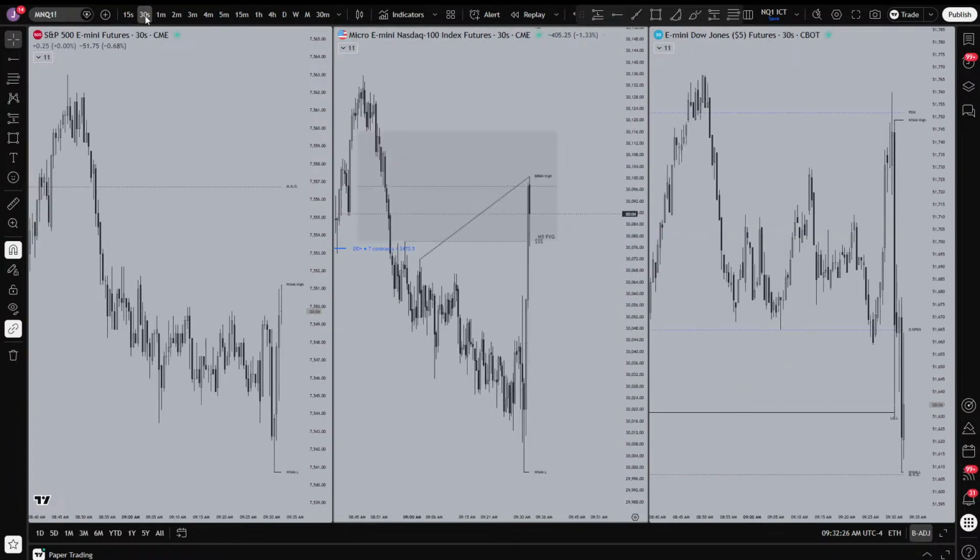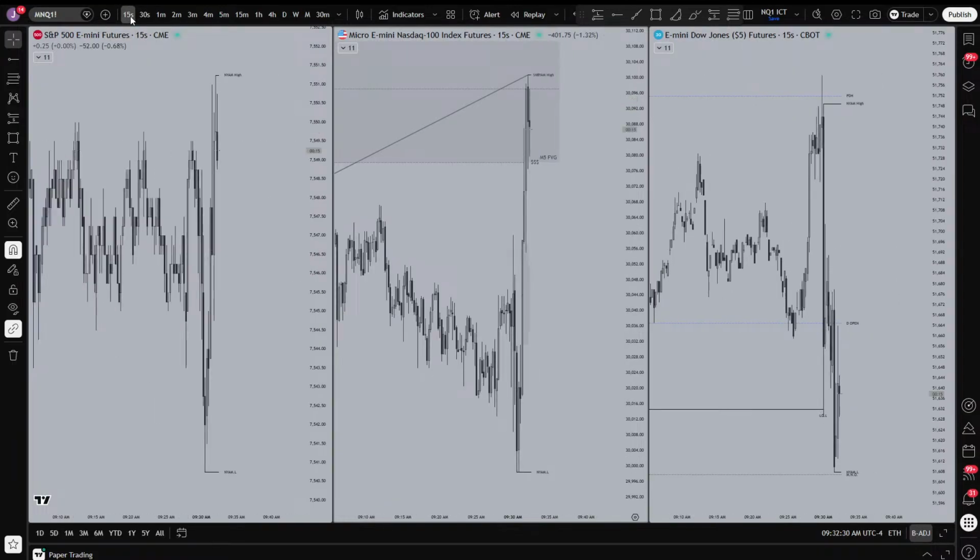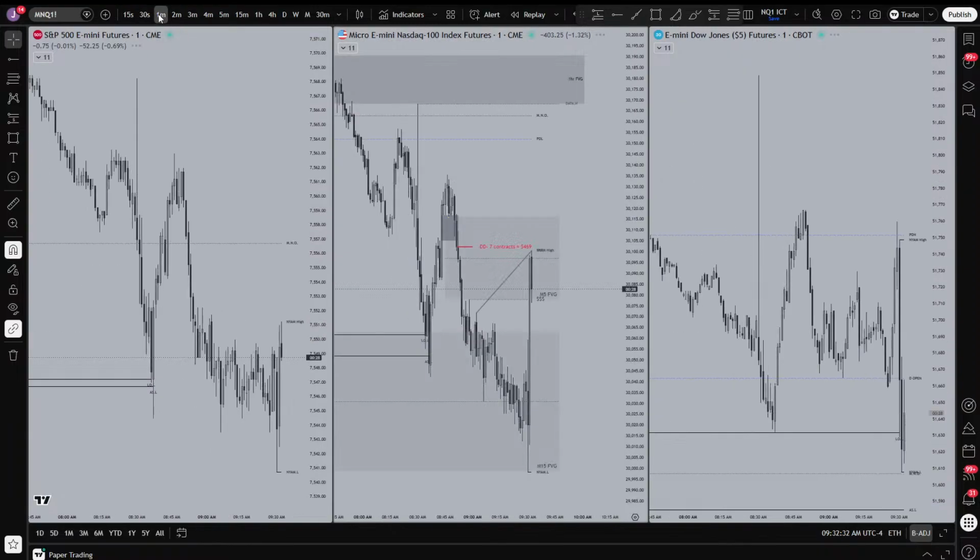Dude, I was looking at the 15-second and 30-second. There was no fair value gap to even flip there to go higher. Yeah. It'd be nice if maybe this SMT holds in the 5 minute and we get some kind of a nice flip down.